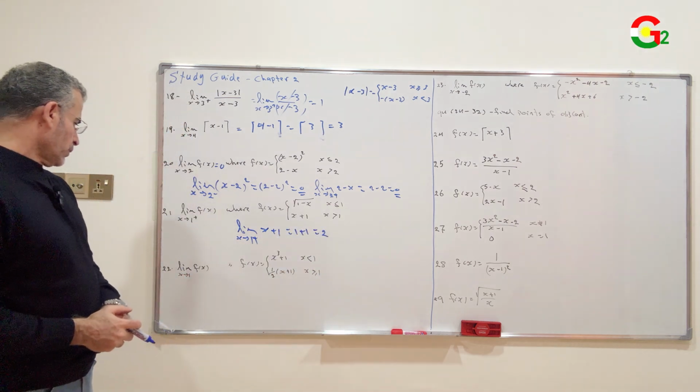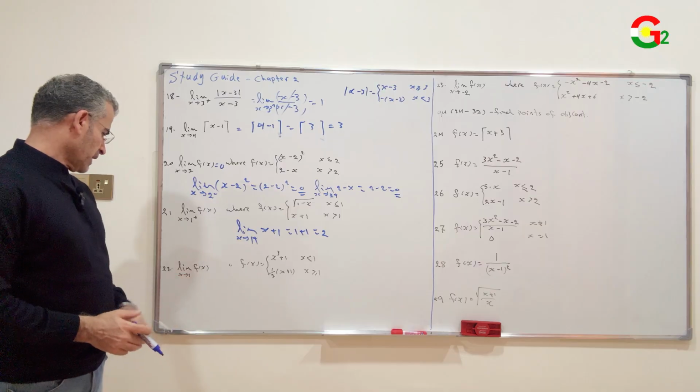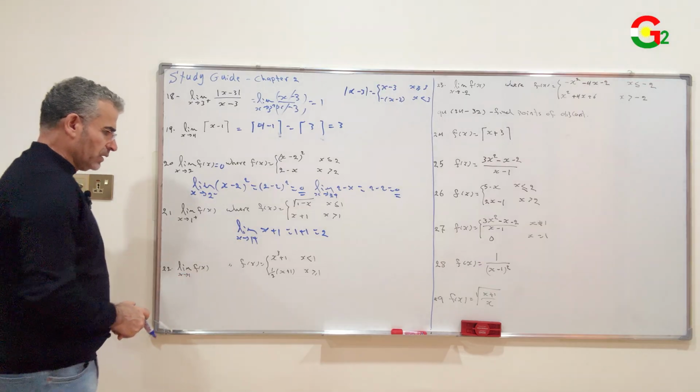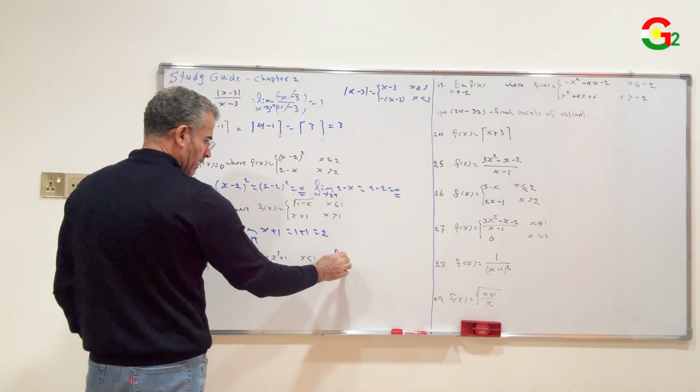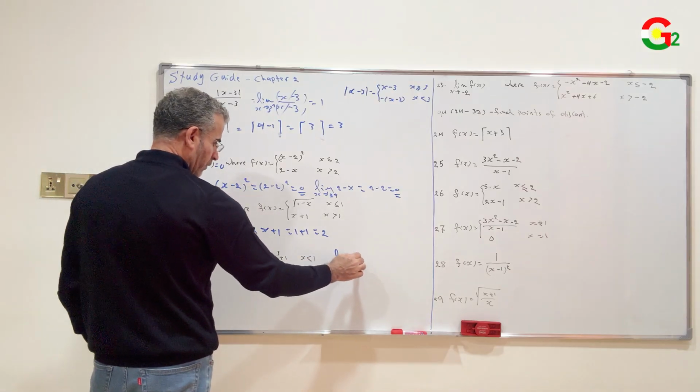Question number 22: the limit of f of x as x approaches 1 in general, and 1 is a joint point. Then I'll find the limit as x approaches 1 from the left.